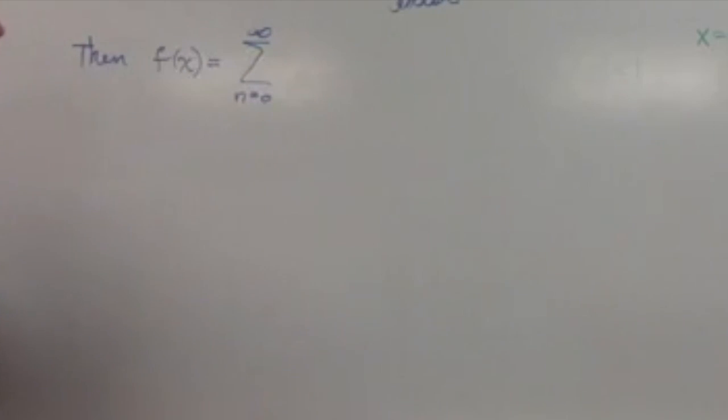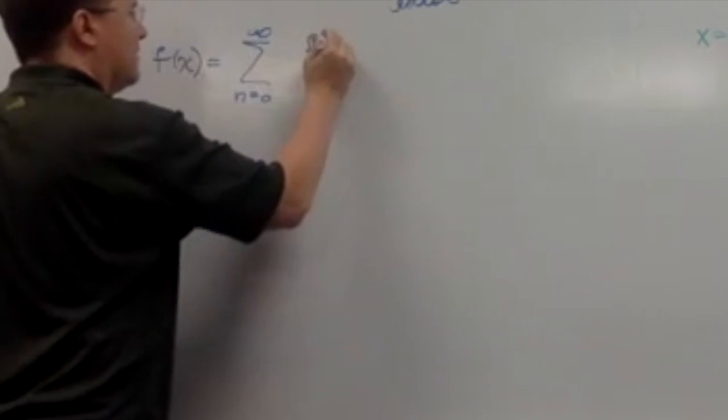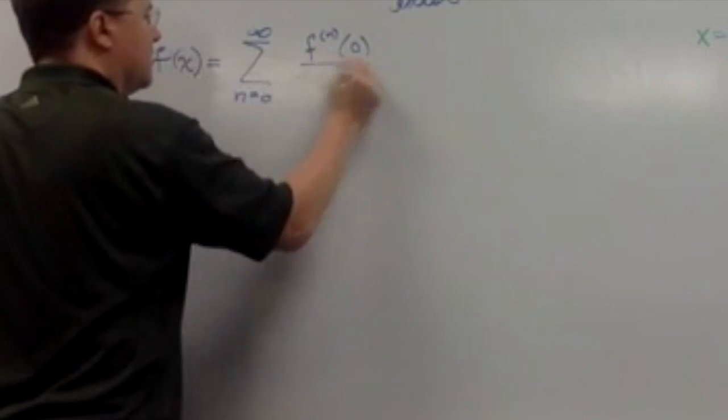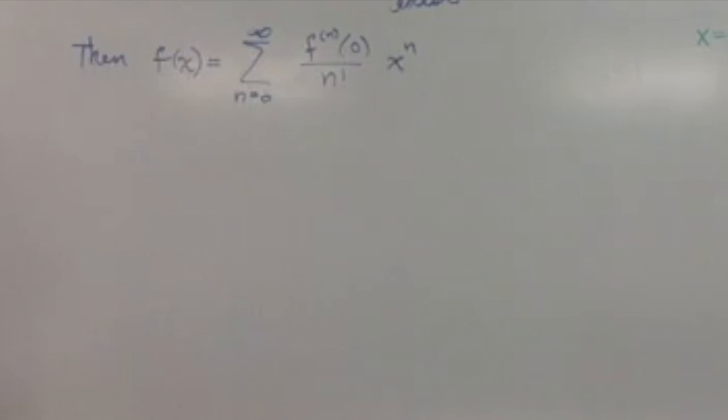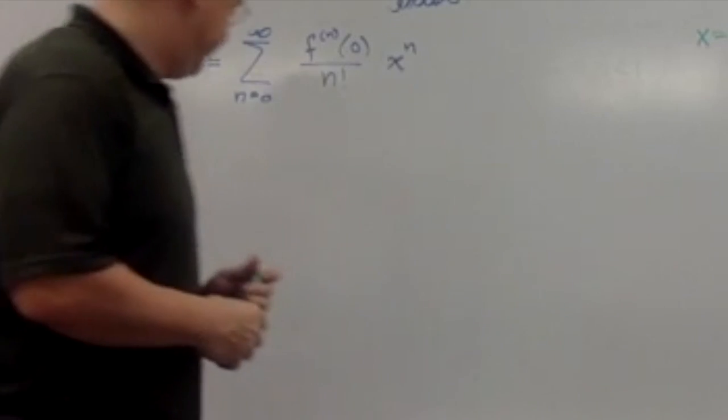So now I have a formula for the coefficient. It is the nth derivative evaluated at 0 over n factorial, times x to the n. You'll have to do some further investigation to see where it converges.